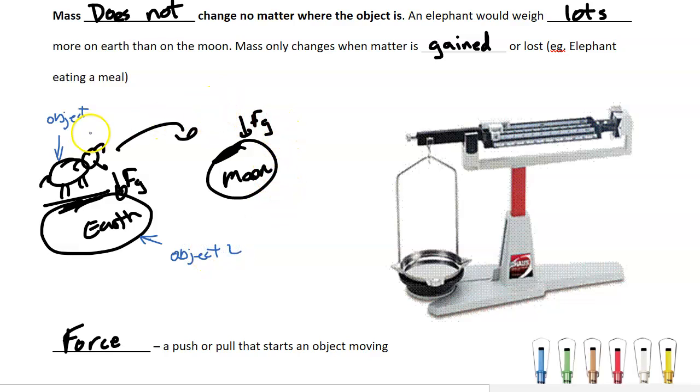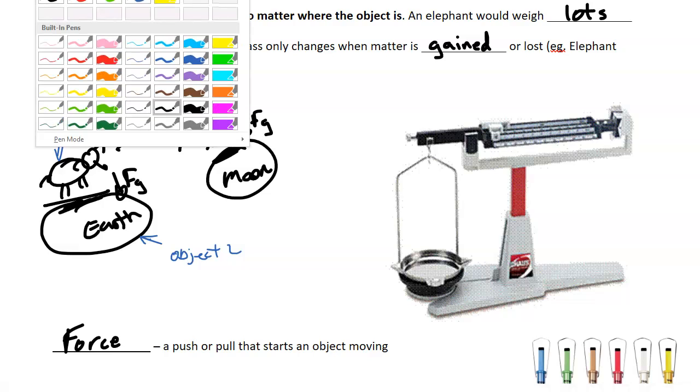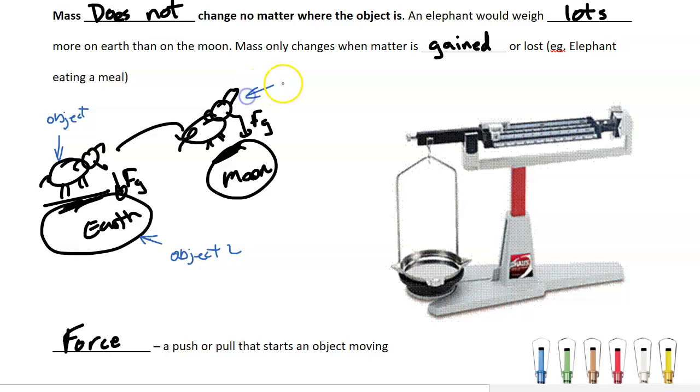Now on the moon, that elephant, I'll try to draw it about the same size, but no guarantees. So here we've got object 1, object 2. And so the amount of weight is dependent upon the mass of the objects and how close they are.